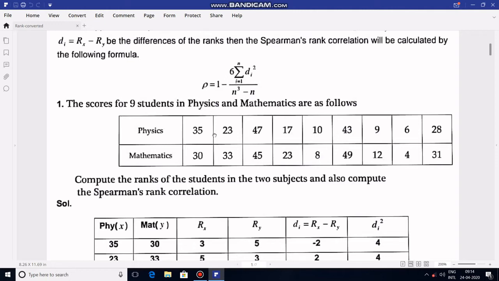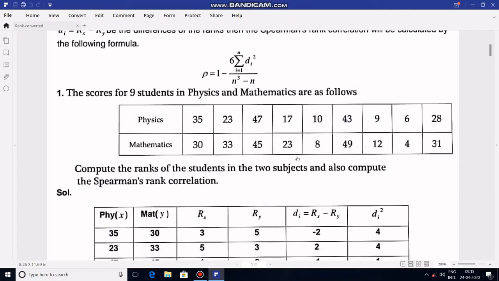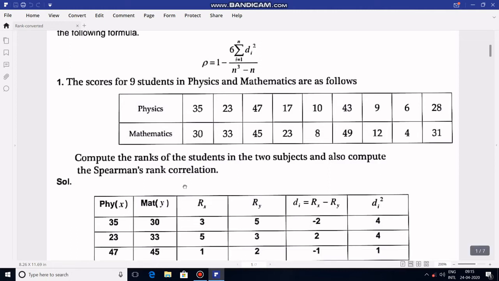In the second row you have mathematics marks for different students. In this problem, you have to compute the ranks of students in the two subjects and also compute the Spearman's rank correlation. That means first we need to find the rank of each student in these two subjects separately and then compute the Spearman's rank correlation.